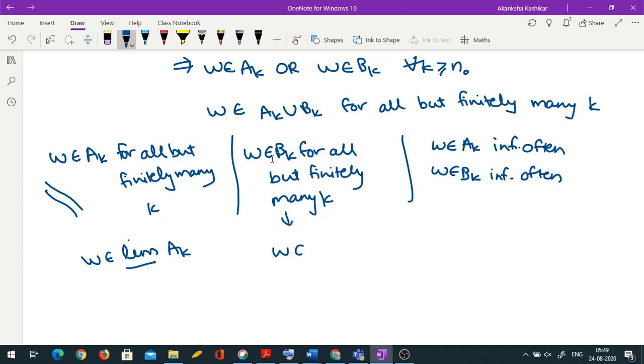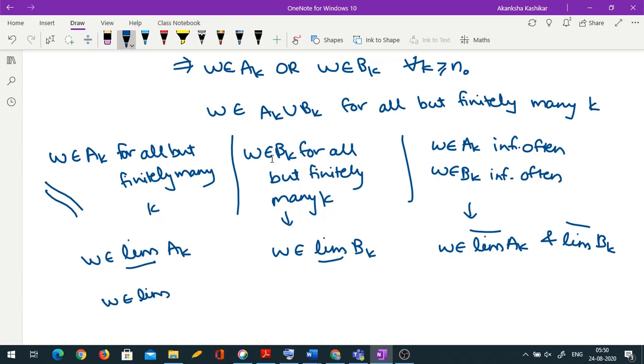In this case, it will be in liminf of b_k, and in this case it will be in lim sup of a_k and lim sup of b_k. Here lim sup and liminf are the same, so omega is in liminf a_k and liminf b_k.